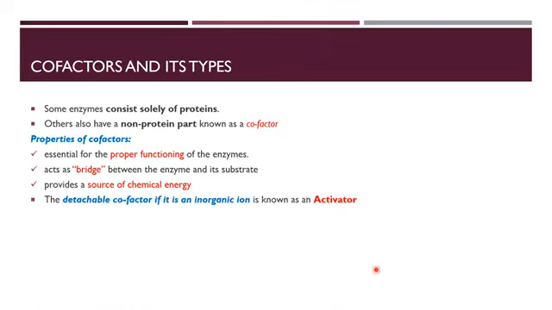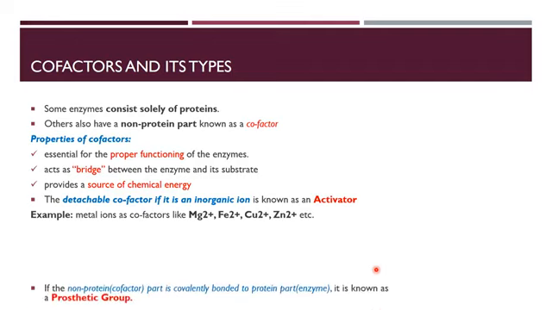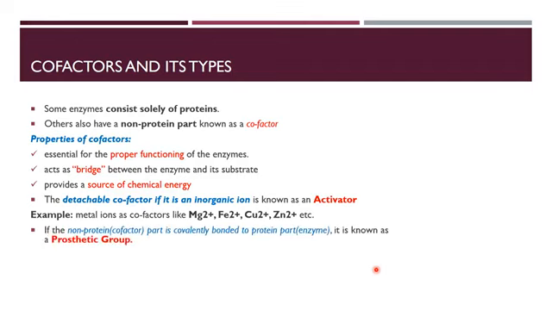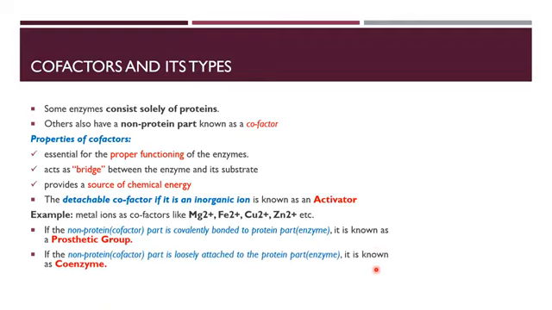Now the types of cofactors. If the cofactor is an inorganic ion and it is detachable, meaning we can detach it, it will be known as an activator. Examples of activators include metal ions, as you can see here. If the cofactor, or non-protein part, is covalently bonded to the enzyme, it will be known as a prosthetic group. But if it is loosely attached to the protein part, it will be known as a coenzyme.